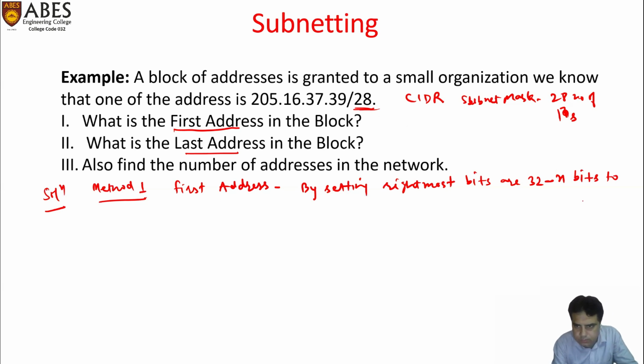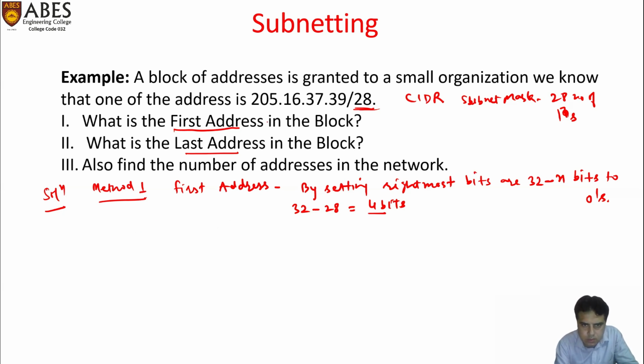For example, 32 minus 28, the remaining is 4 bits. The rightmost 4 bits, we have to set to zeros.